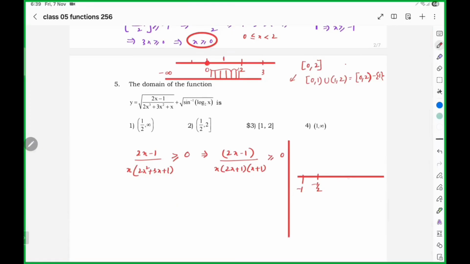minus 1, 0, half. What the wavy curve says: odd power is there, it crosses the x-axis. And again at 0, x is 0, it crosses the x-axis because of odd power.